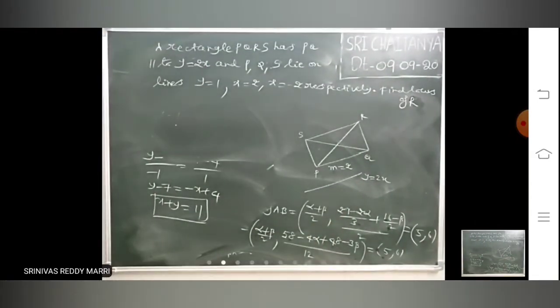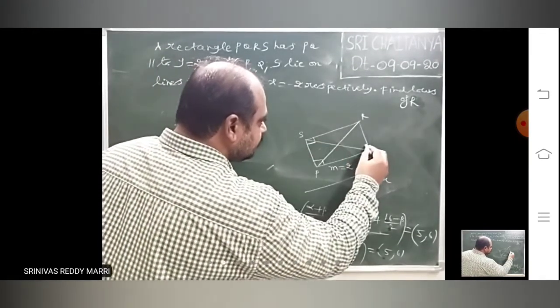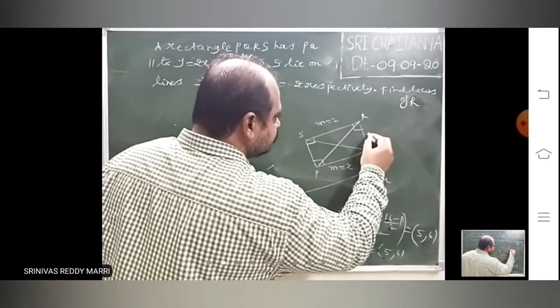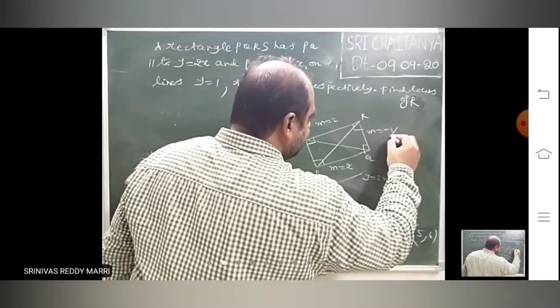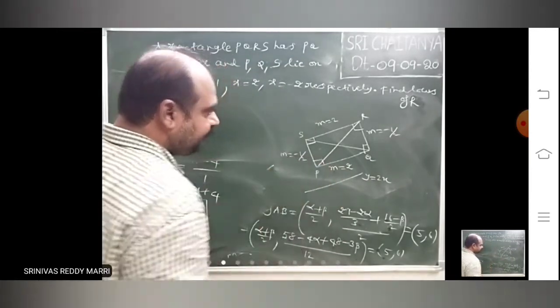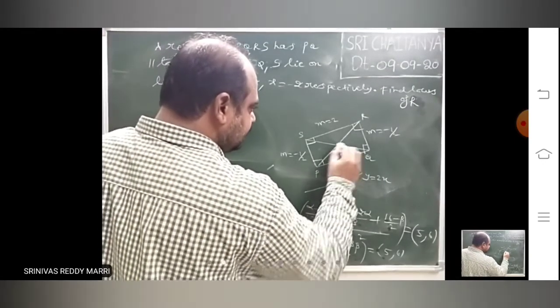A slope of PQ is what? 2. And you know that these are all right angles. So slope of this is 2 and slope of this is minus 1 by 2 and slope of this is minus 1 by 2 and let us say midpoint is t.